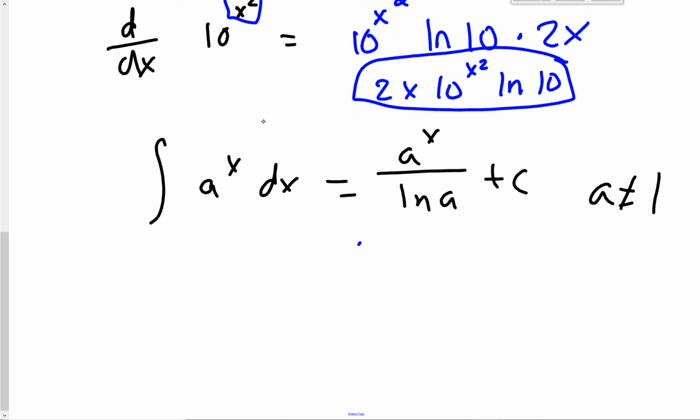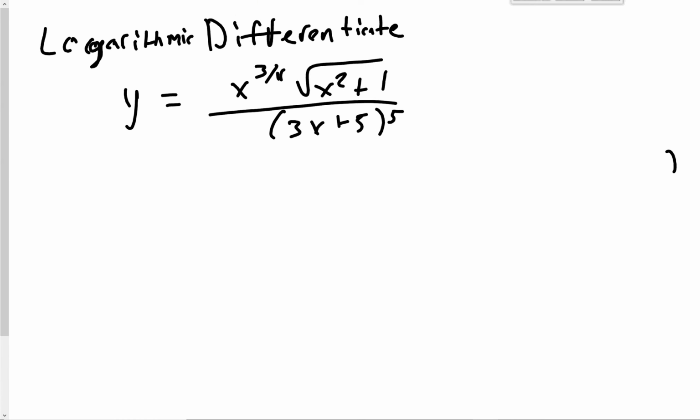Okay, and then the last part is logarithmic differentiation. I can't even say it now. But there it is, even though I probably spelled it wrong. But here, basically, remember, these ones we're trying to differentiate.